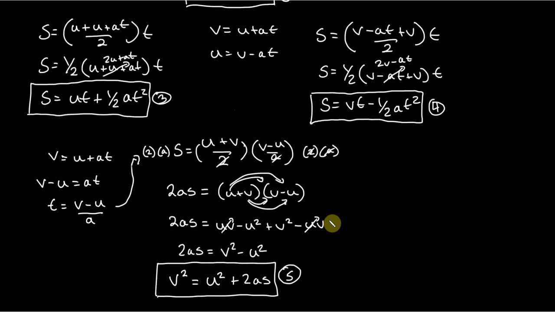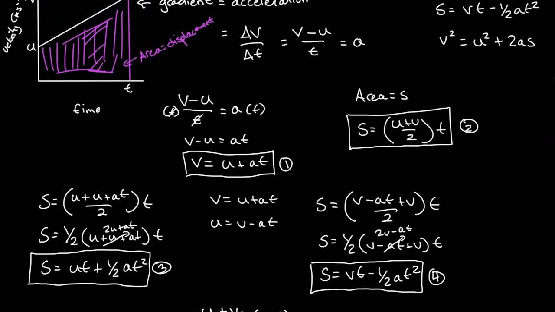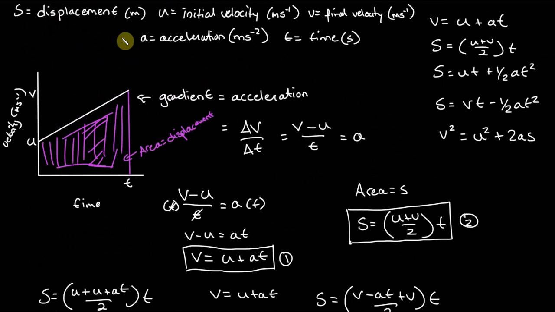And I suppose to conclude, an interesting contextual point is that the reason there are 5 equations of motion is because there are 5 variables, and that goes right back up to the top here, where we have SUVAT: S equals displacement, U initial velocity, V final velocity, acceleration A, and T for time.